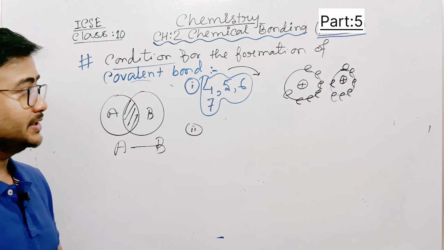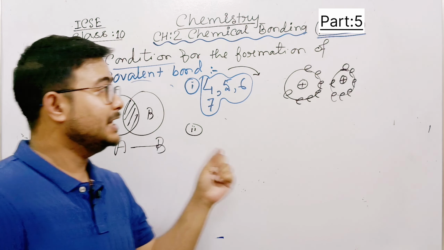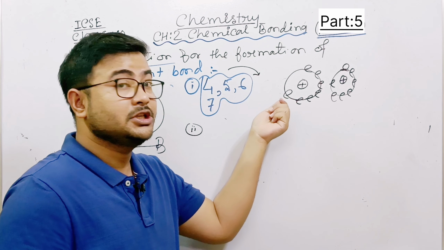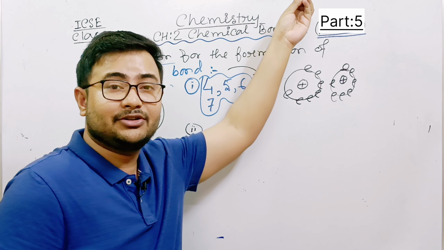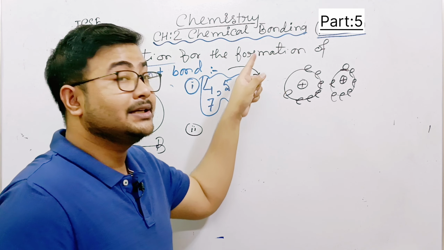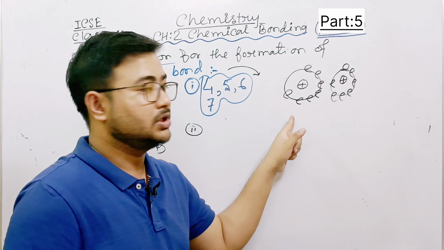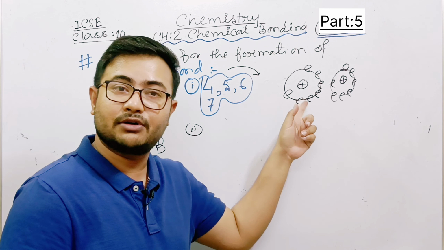So tell me what they will do. They will form this type of common space. Is it possible they will donate the electron? No, it is not possible, because rather than donation they will try to accept, to form the octet, that is 8 electrons in the outermost shell.